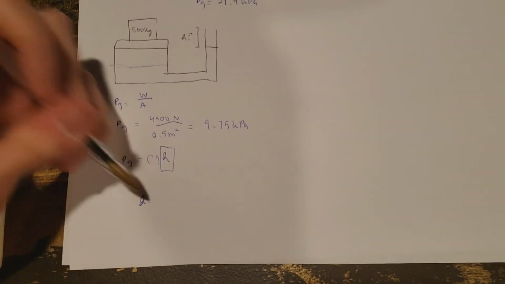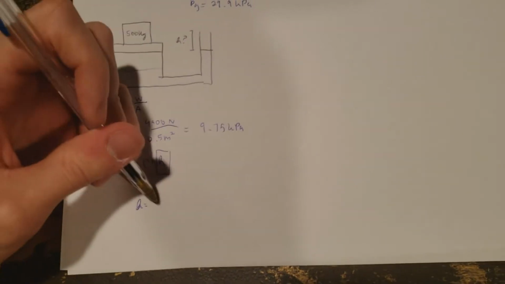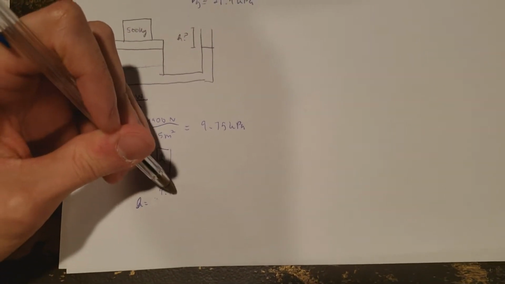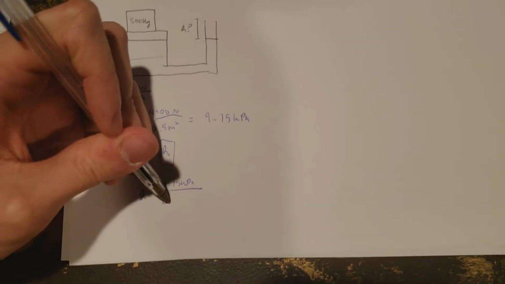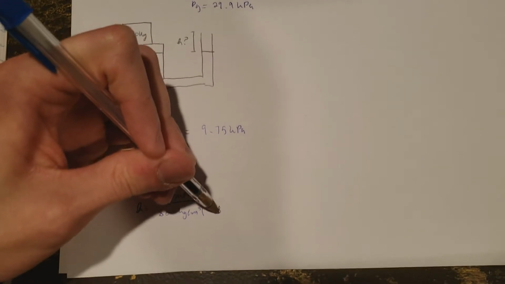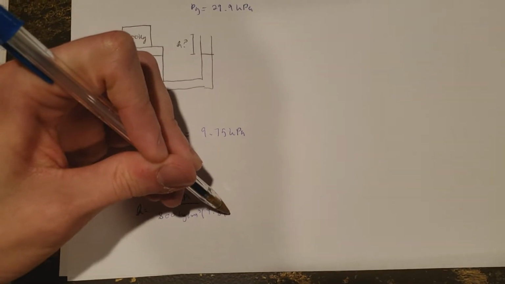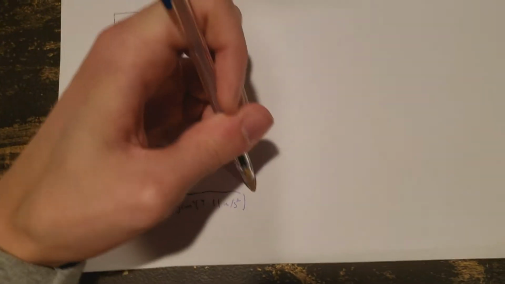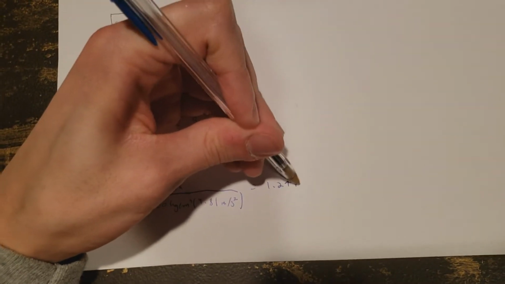So now we obviously know, just simple algebra, we could rework the equation to give us height. So it's going to be 9.7 kPa over 800 kilograms per meter cubed times 9.81 meters per second squared. And that's going to give us 1.24 meters.